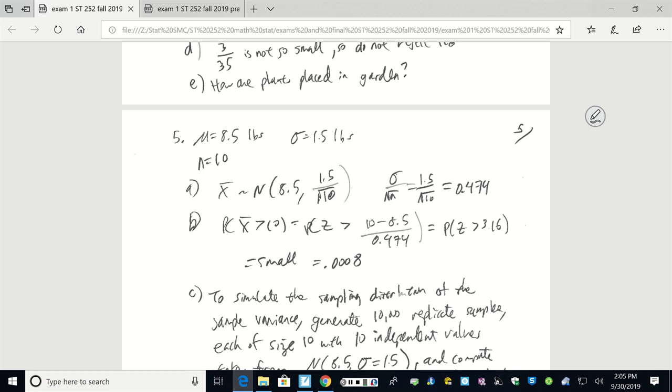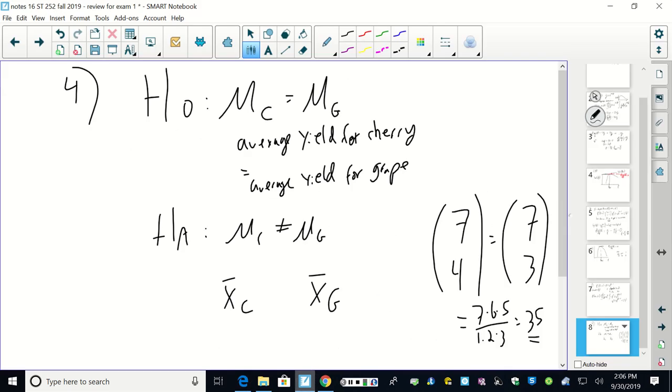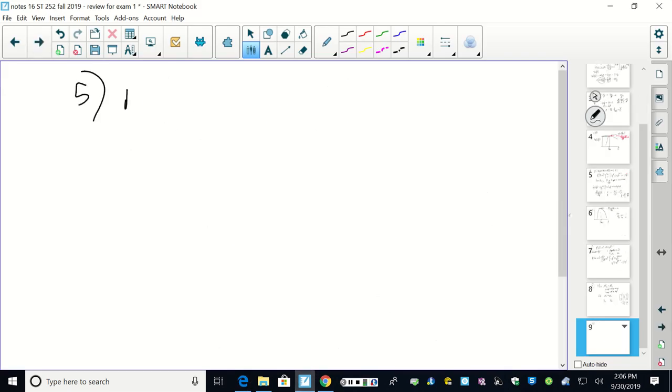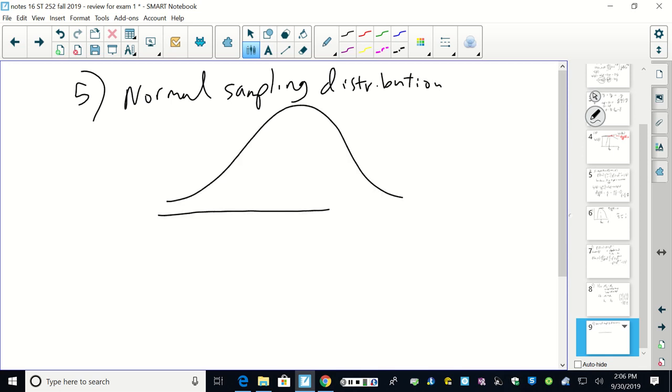Or you could draw a picture of the standard normal graph. So the normal sampling distribution in this problem, for X bar. Here's X bar. It's 8.5 in the middle.